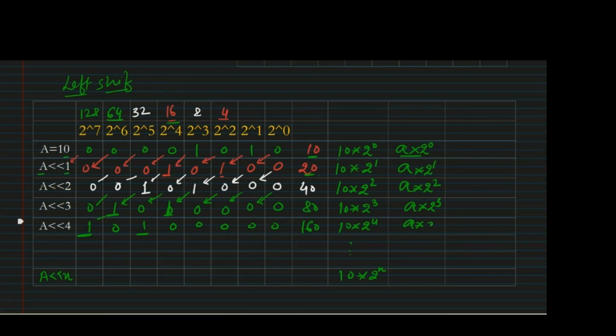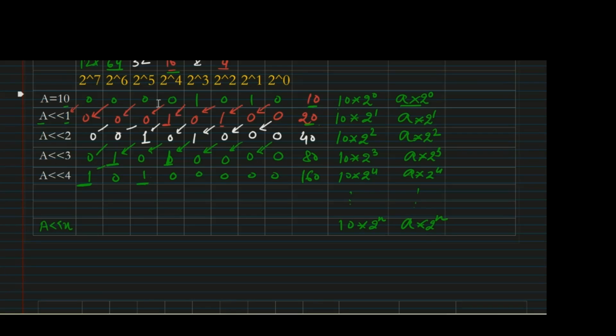A into 2 raised to the power 4 will be 160, and similarly if we keep going, it will be A into 2 raised to the power n. So this gives us an idea of finding a generalized formula. If we left shift a number by n, it will be A into 2 raised to the power n. So this is our generalized formula.